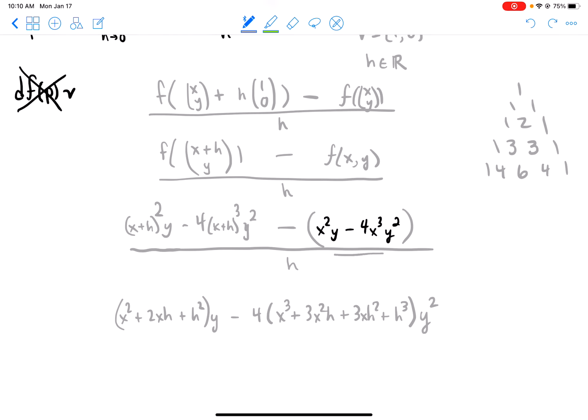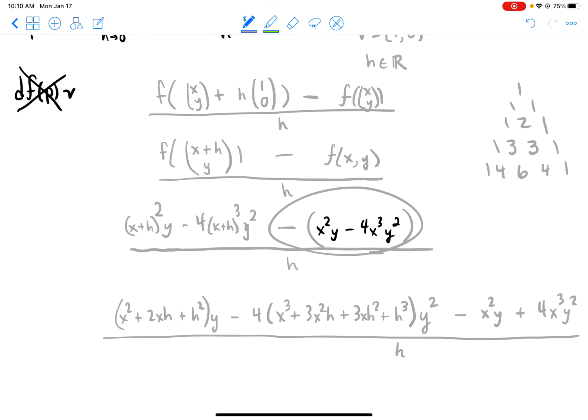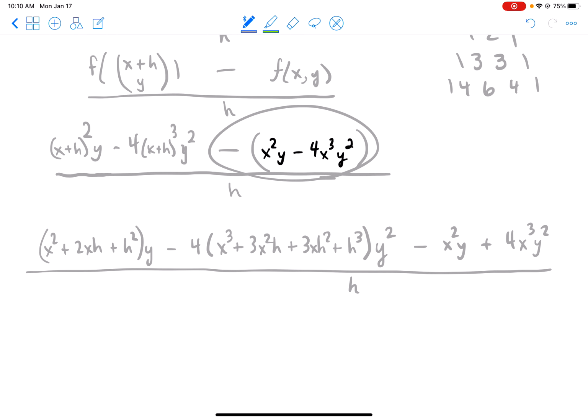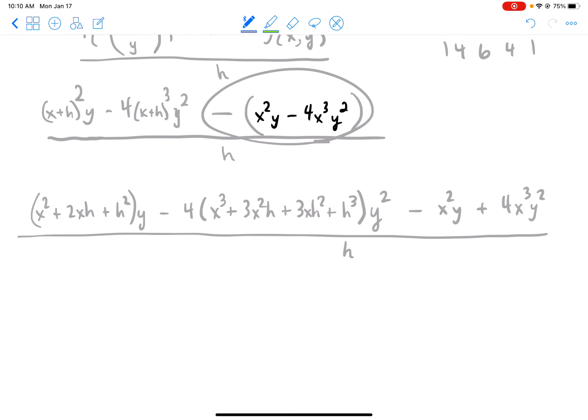And then I have to get this piece now, minus x squared y. And then I have a minus and a minus, so carefully I'll do a plus. All right, I'm getting there. Now this y has to come through and hit everything.